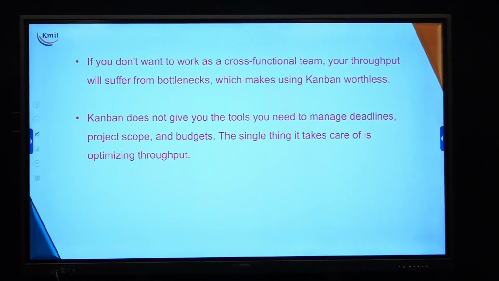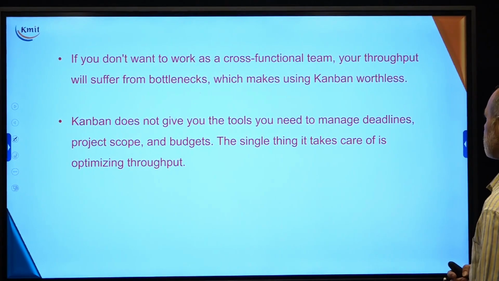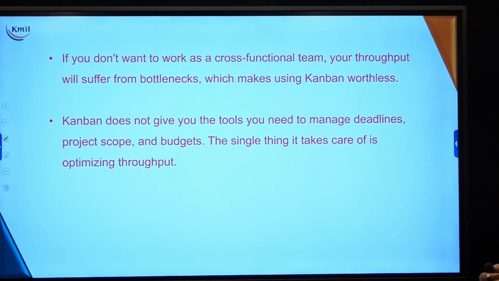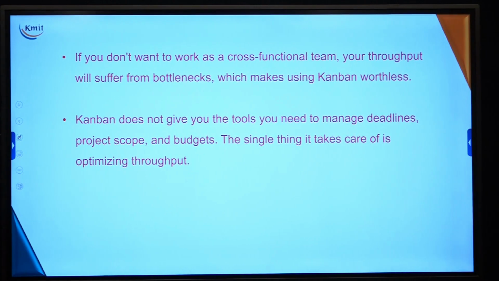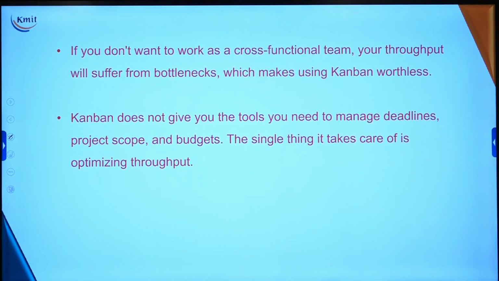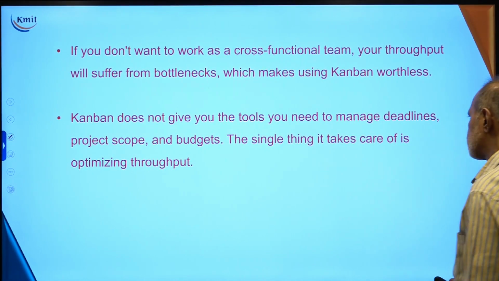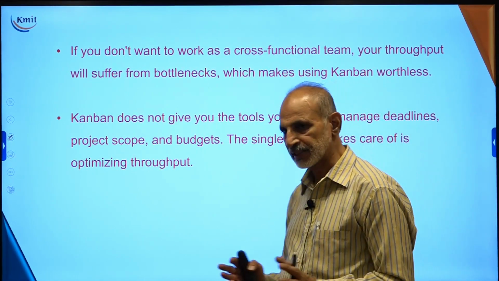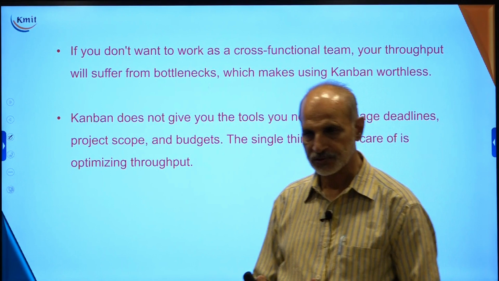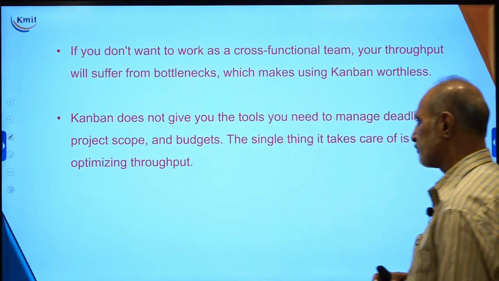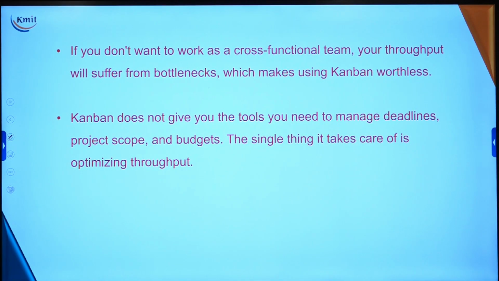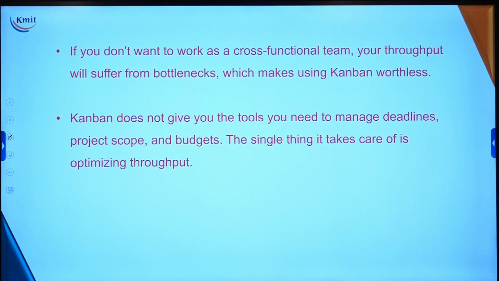And if you do not want to work as a cross-functional team, your throughput will suffer from the bottleneck, which makes using Kanban worthless. Last, Kanban does not give you the tools you need to manage the deadline, because there is no deadline. As it goes on, it will work. Okay, project scope and budget. This single thing takes care of optimizing only throughput. So this is another technique.